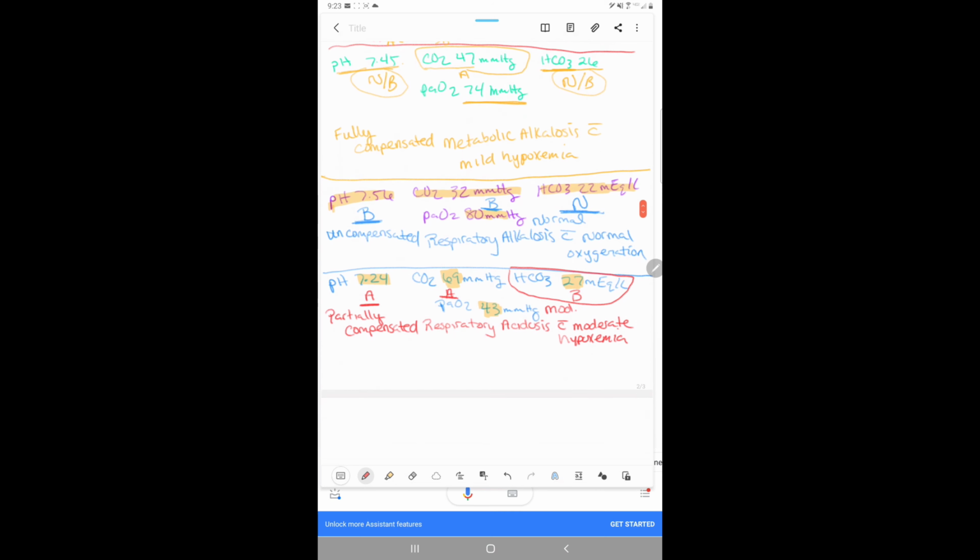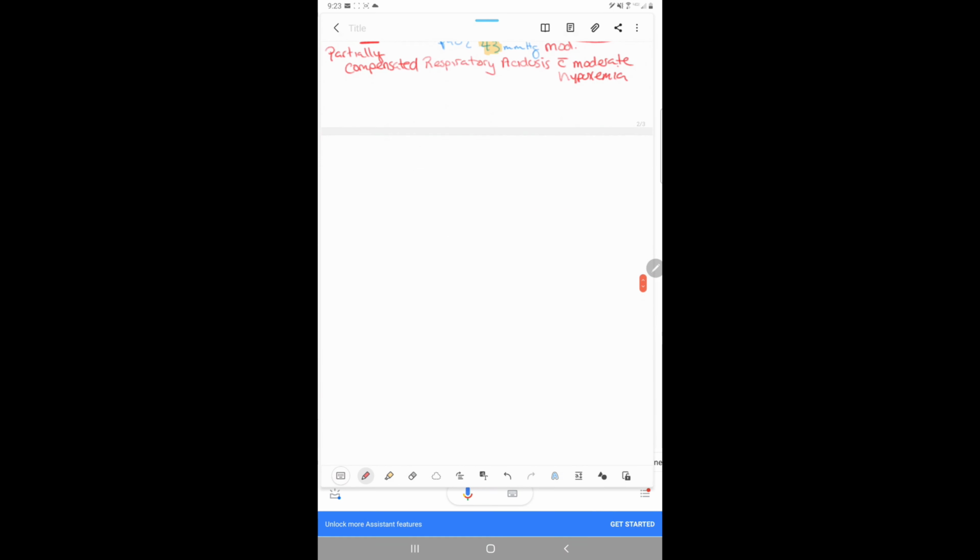All right, so ran out of paper, so we're going to bring up a new paper. That means we're going to have to rewrite out our normal values. So normal pH is 7.35 to 7.45. CO2 is 35 to 45.